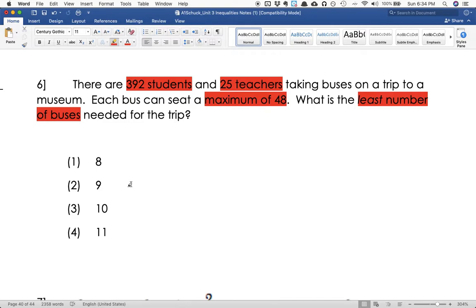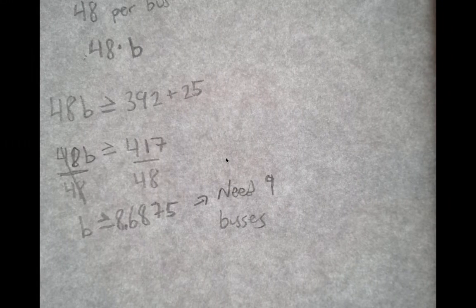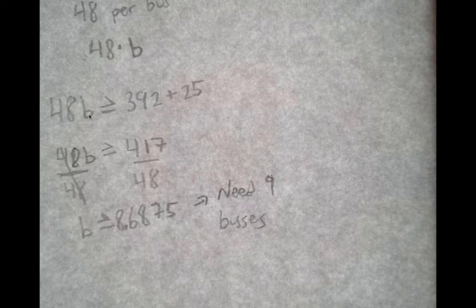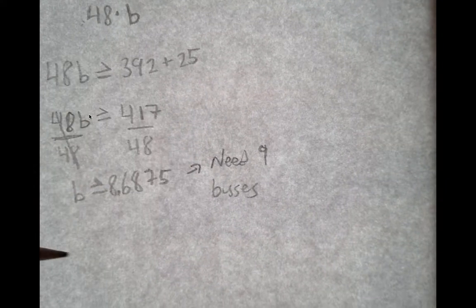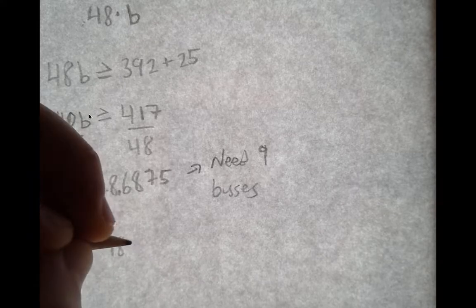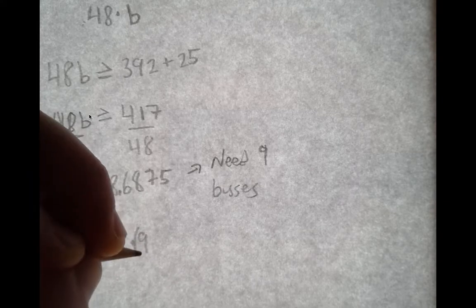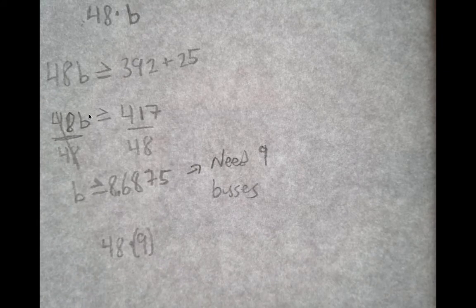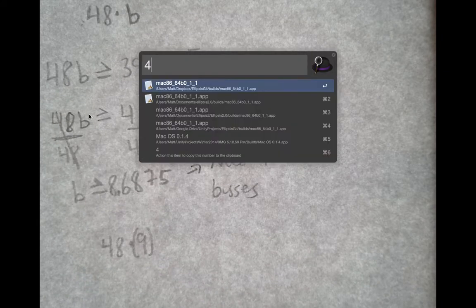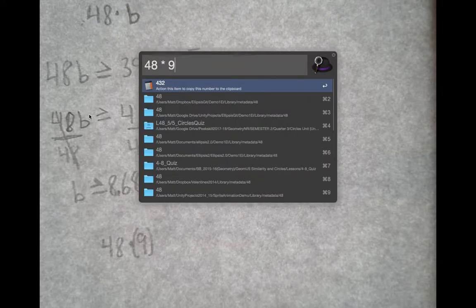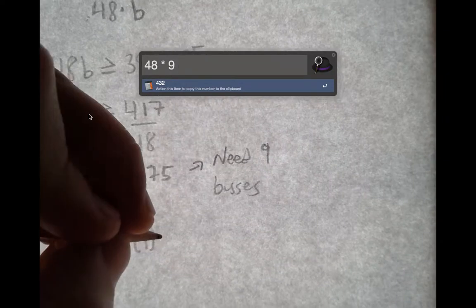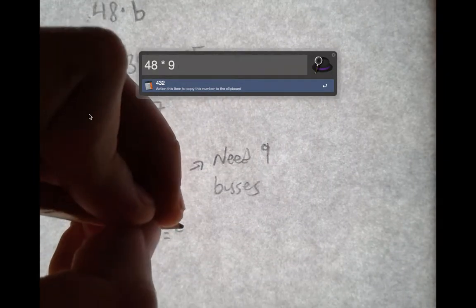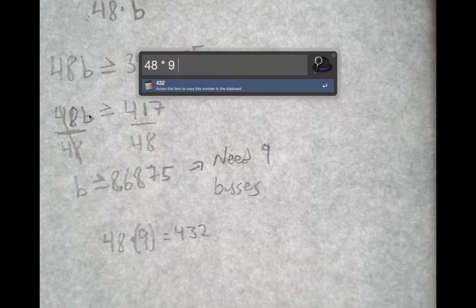I'm going to need at least 9 buses. And let's actually double check that. If it's 48 people per bus, I can take this and plug that 9 in. So 48 people times the 9 buses that I've got, because it was 48 times buses. 48 times 9 will seat 432 people.